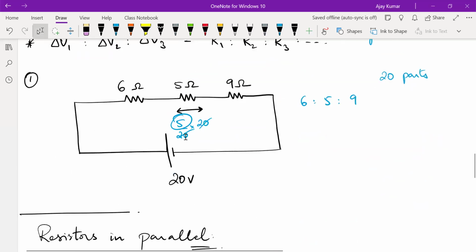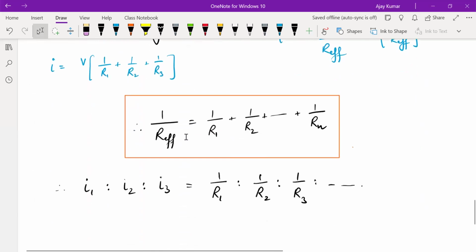Right. And what about parallel combination? How do you think the R effective will be related to the individual resistances? Will it be greater than all of them, or less than any of them, or you can't say? Less than all of them.